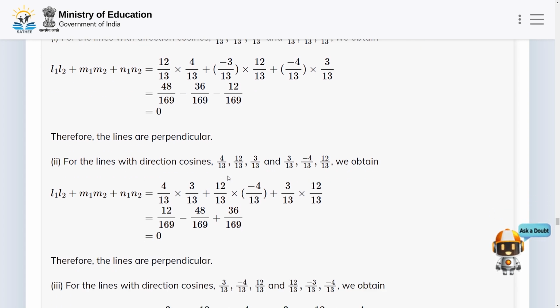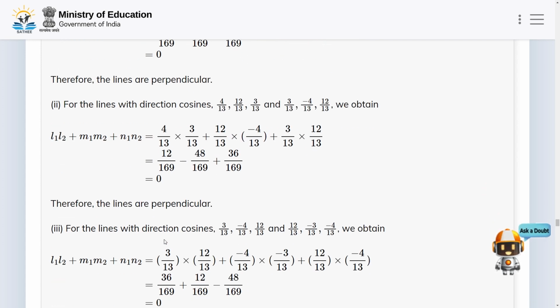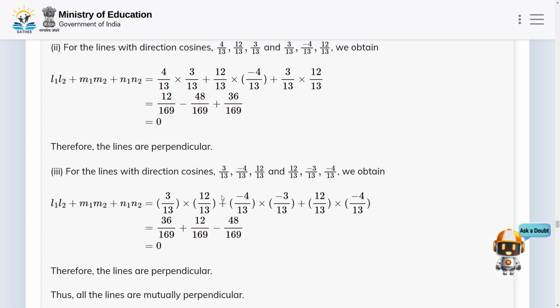Now for the second pair, you apply the same expression, substitute these values, and you get 0, which means the lines are perpendicular. Again for the leftover lines, apply this form and you still get 0. So each of your lines is perpendicular to each other.